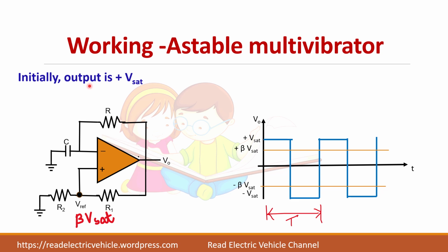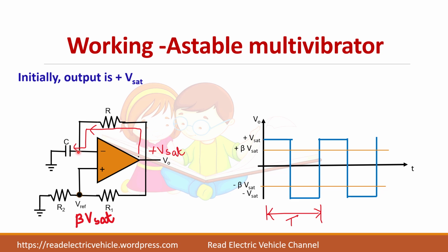Let us assume that initially the output voltage is plus Vsat. You see here, this is the plus Vsat, and this reference voltage will be beta Vsat. Now the capacitor will be charging like this. So the capacitor voltage keeps on changing, and it is connected to the negative terminal.